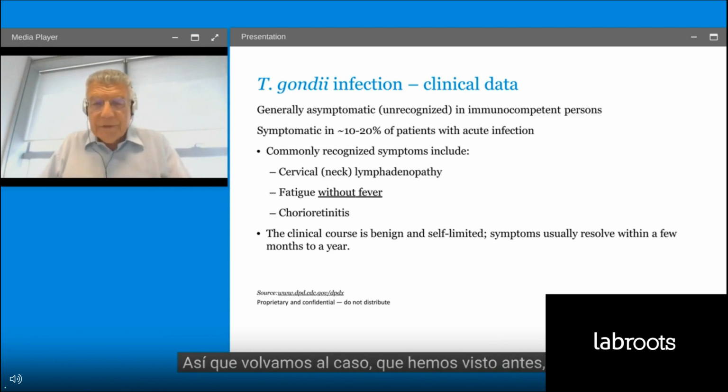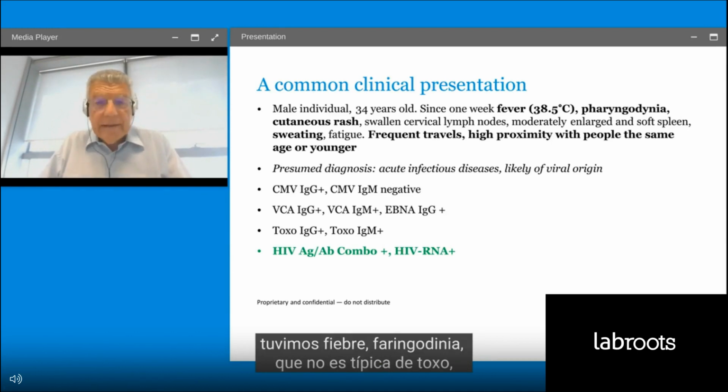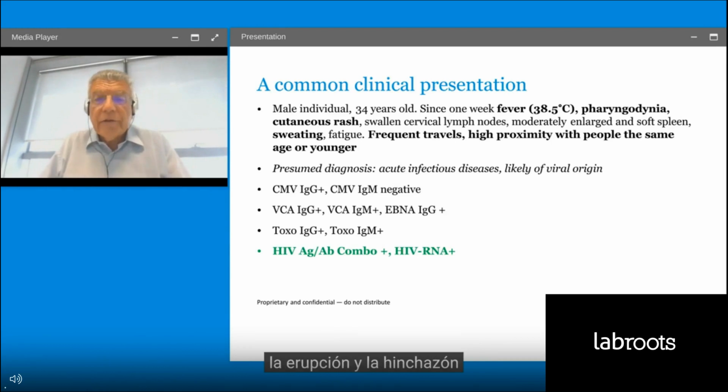So go back to the case we have seen before and just point out that in this case we had fever, pharyngodynia, which is not typical for toxo, the rash, and the sweating, and this frequent travel, site proximity.